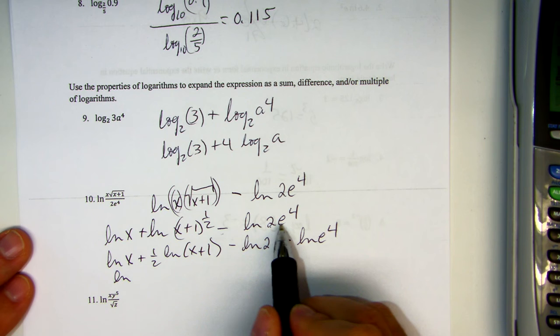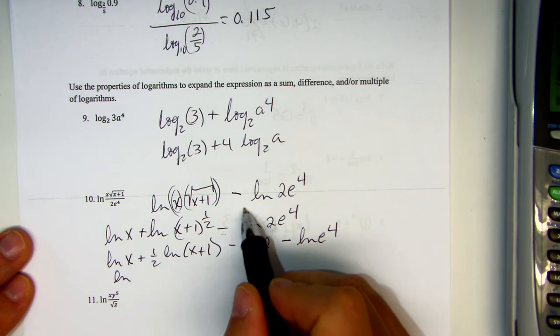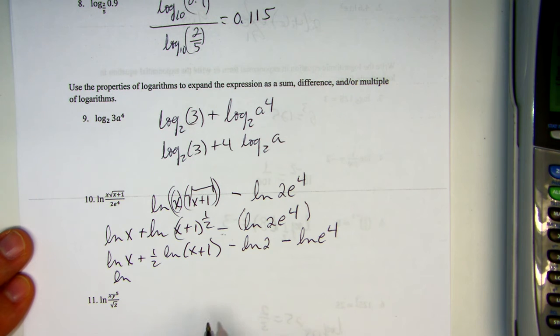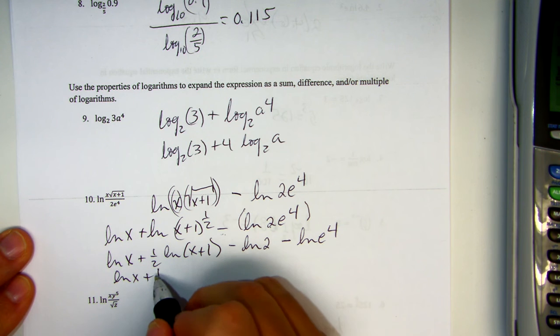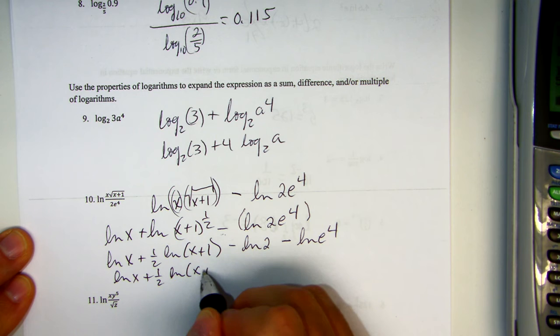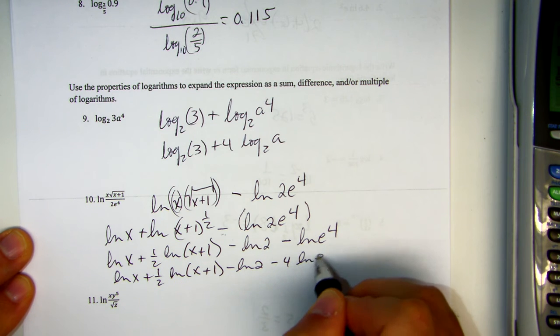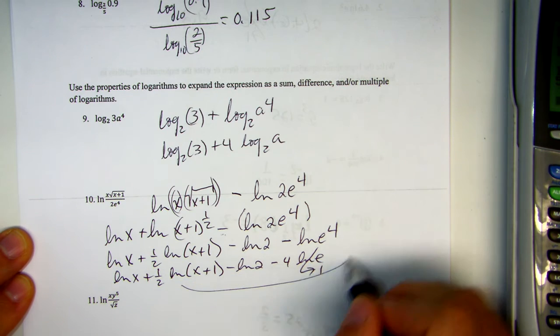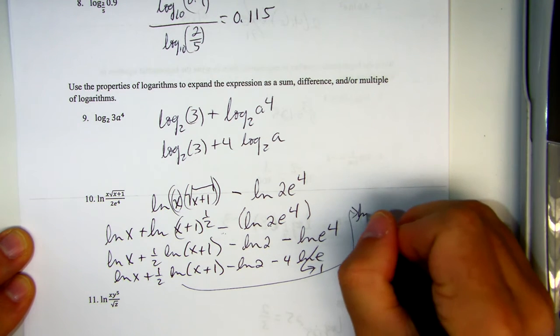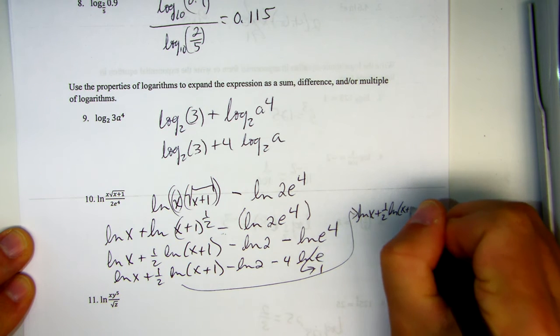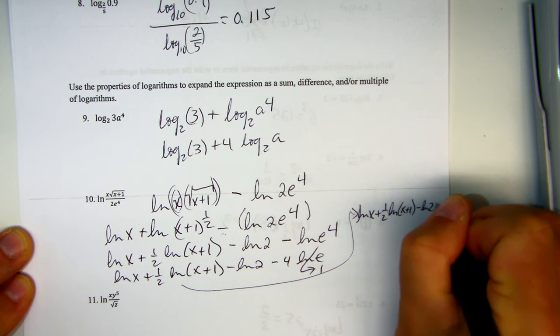No, it is addition, but it's a minus here, so I just distribute the negative sign through. The ln e is just 1, so my final answer is ln x plus 1/2 ln of x plus 1 minus ln 2 minus 4.